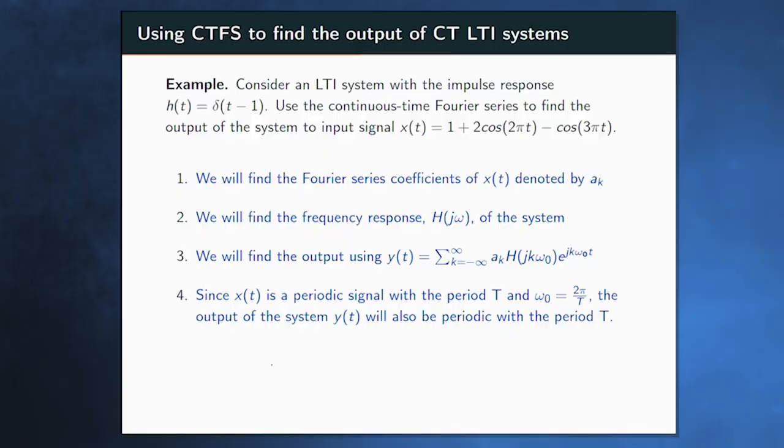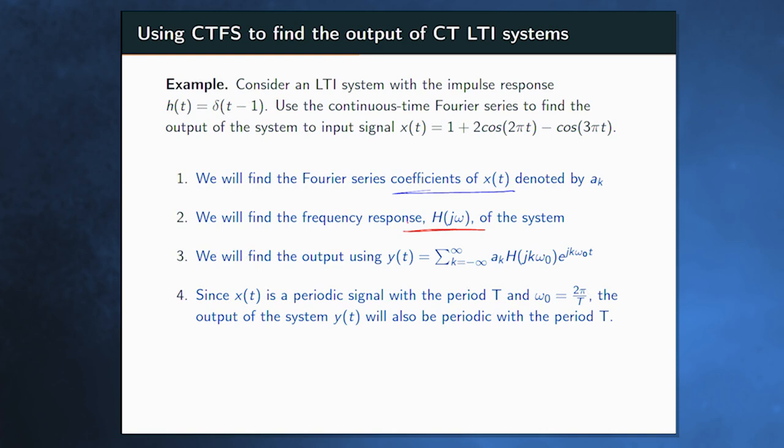Okay, here are the steps. Step 1, we will find the a_k coefficients of x of t. Step 2, we will find the frequency response of the LTI system. In other words, we will find H of j omega.